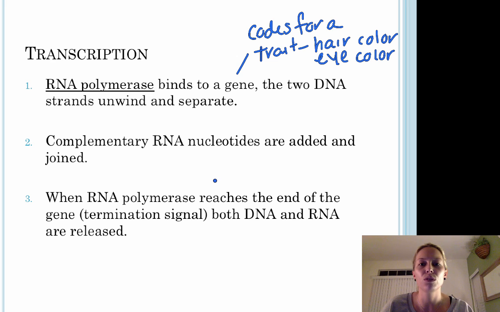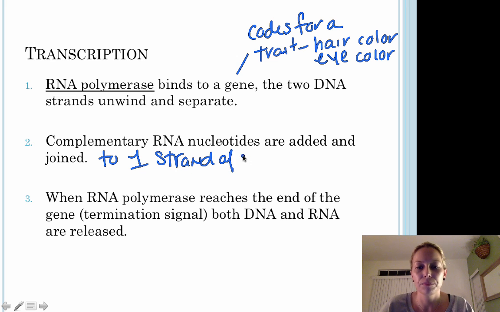So we're only copying, if you will, one strand of the DNA molecule. Complementary RNA nucleotides are added and joined to one strand of DNA, and that strand is referred to as the template strand.